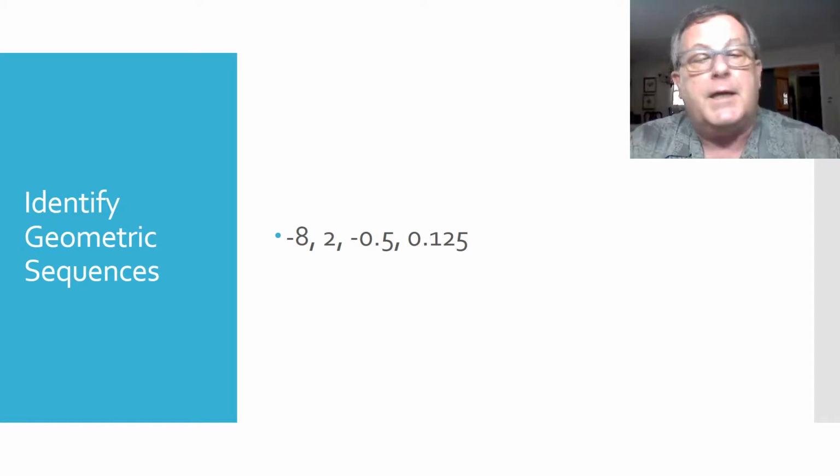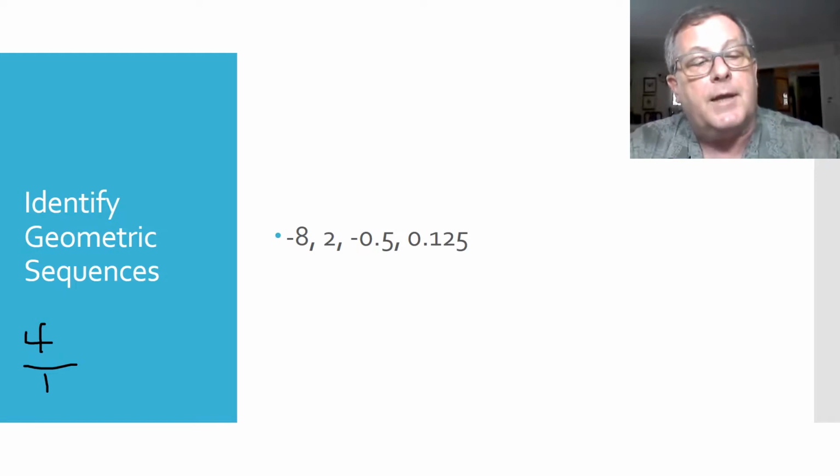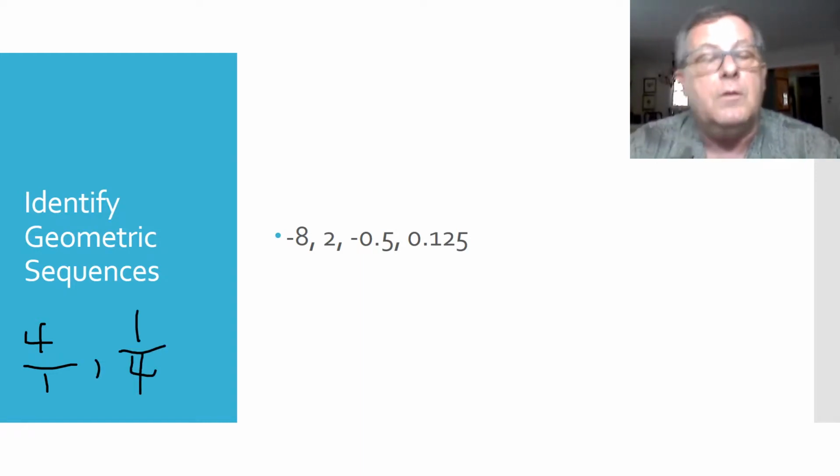Now, before we get into that, let's think about what's a ratio. Well, if I've got a number 4, 4 is actually a ratio. It's 4 over 1. And of course, the inverse of that is 1/4, also a ratio, 1 over 4.